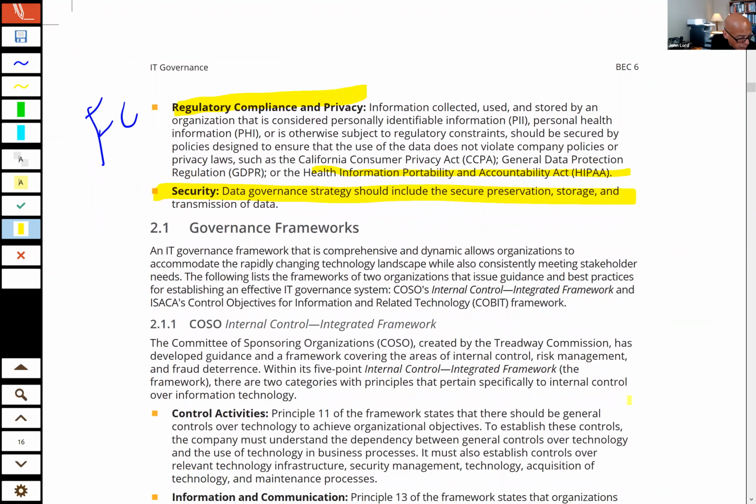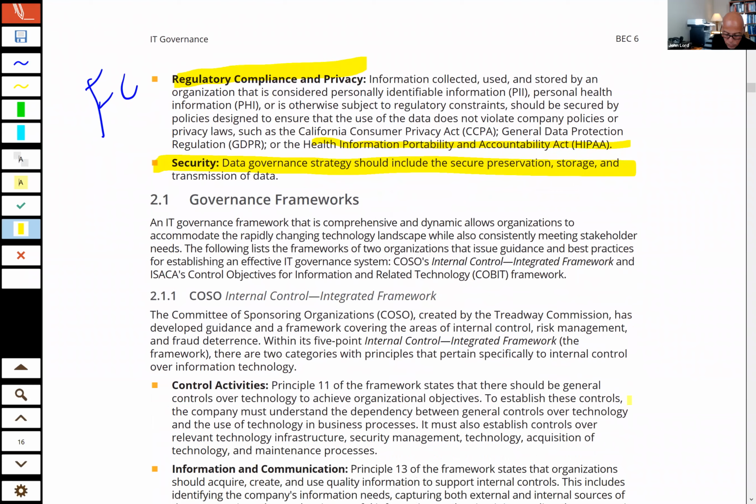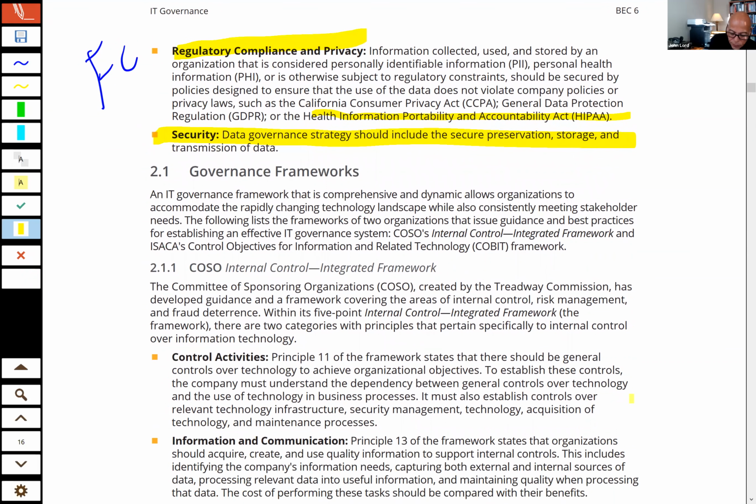Okay, now governance framework. We've talked about the Committee of Sponsoring Organizations of the Treadway Commission before, and they get into different areas dealing with internal controls, and they have this IT governance system integrated framework.